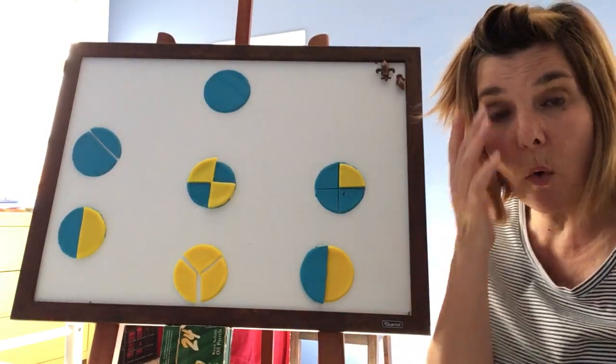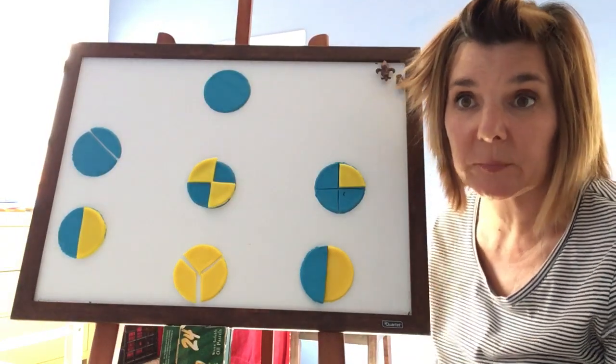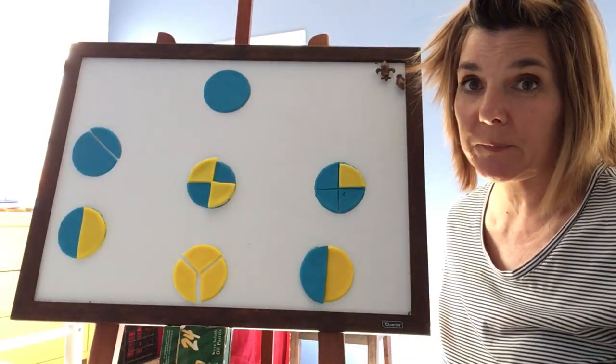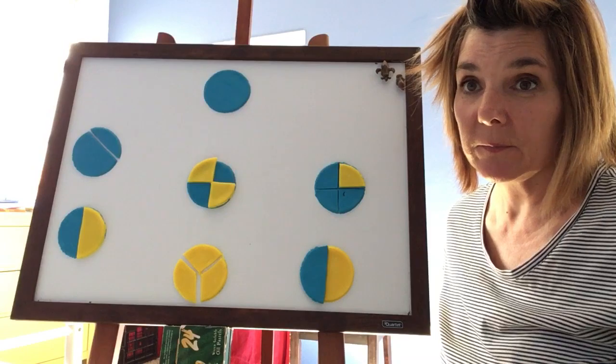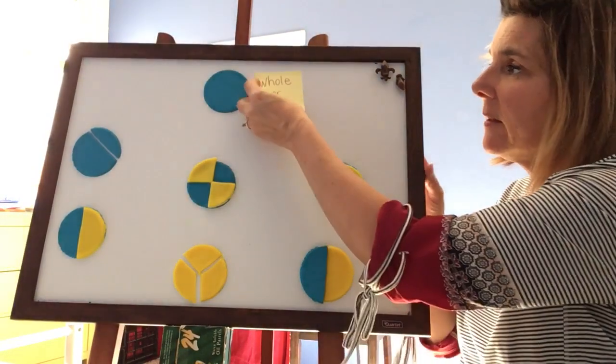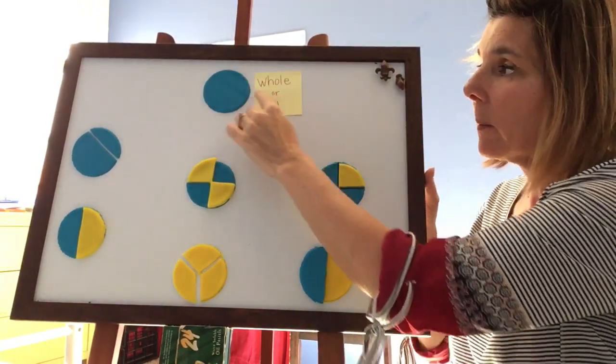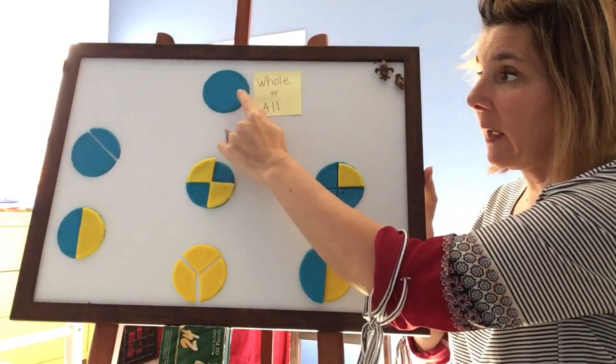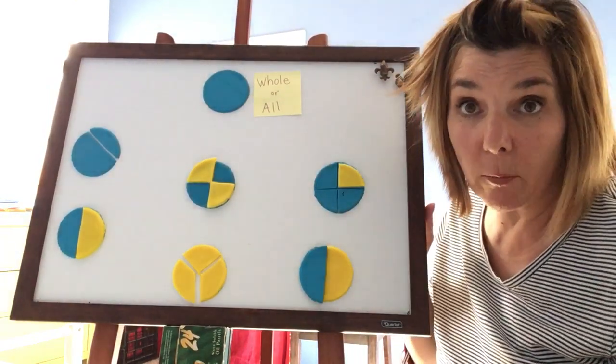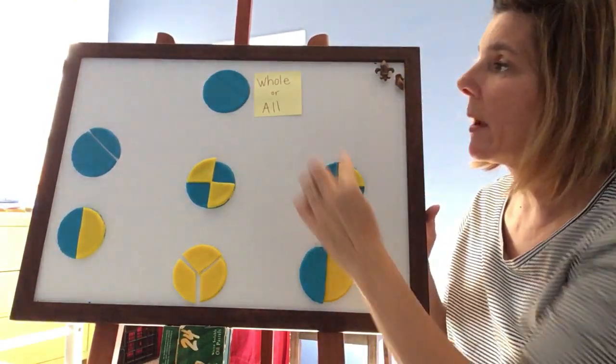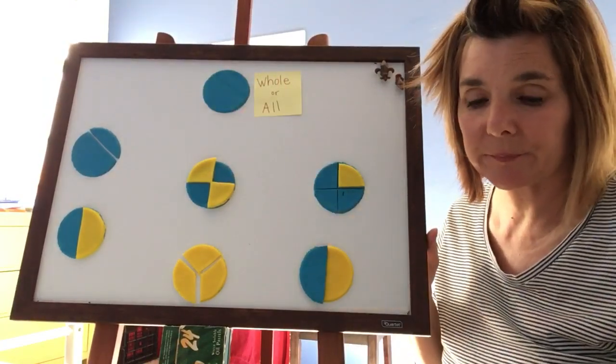And right now the whole circle is blue. Can you point to it and find it? I hope you pointed to this one. This shape can be described as being all blue or a whole circle.